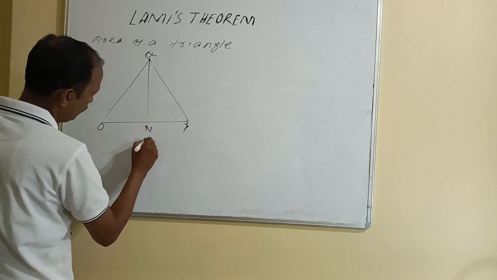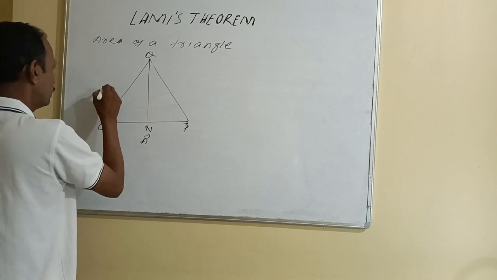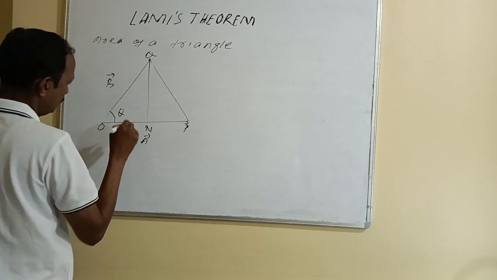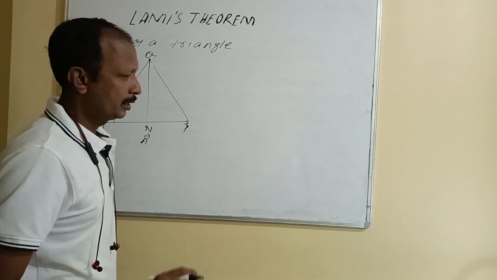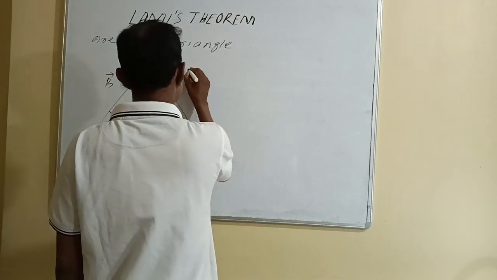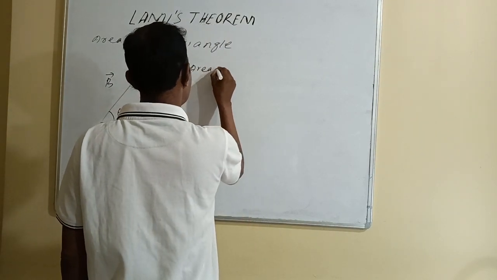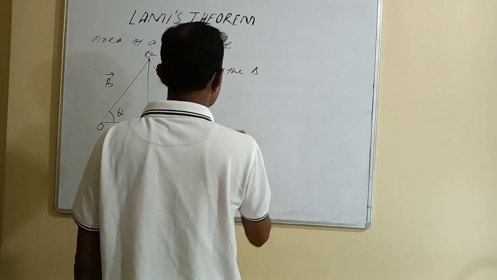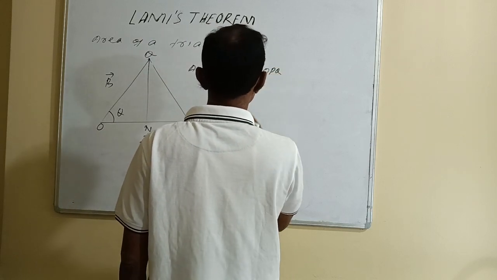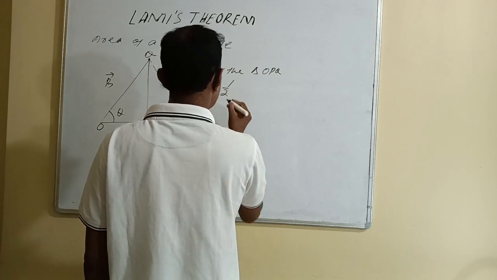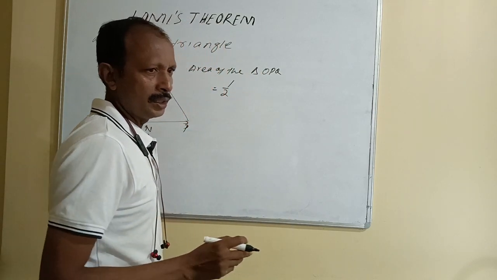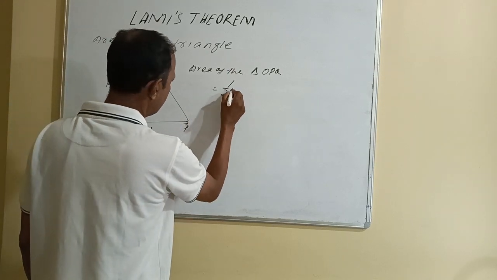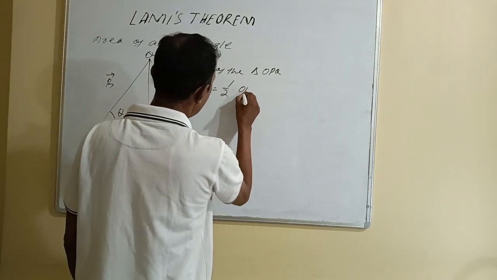Here OP represents the vector A, OQ represents the vector B. This angle is theta. Now you see that the area of the triangle OPQ is equal to half into base into height. Here the base is OP.